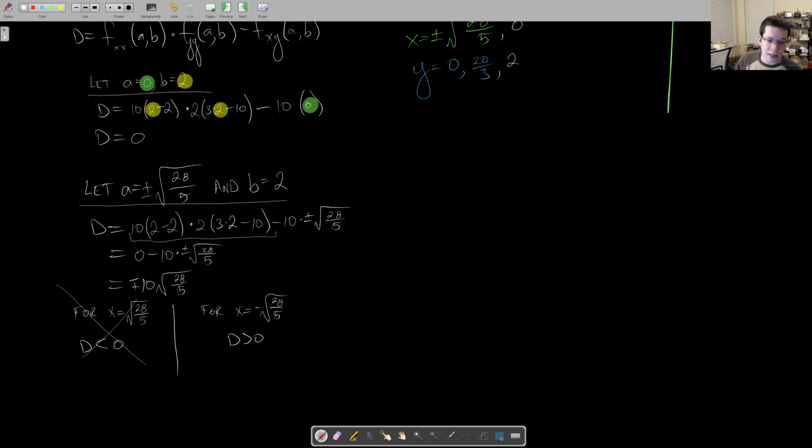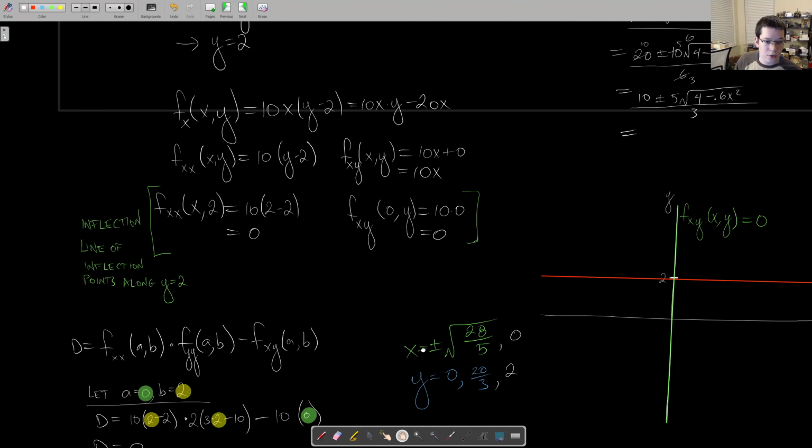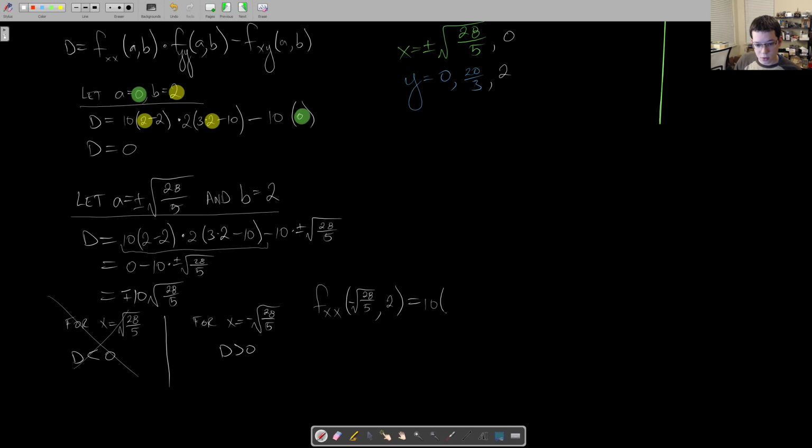So for this one, now we can check f xx of the negative square root of 28 over 5 when y is equal to 2 equals ten times y minus 2, that's 0.